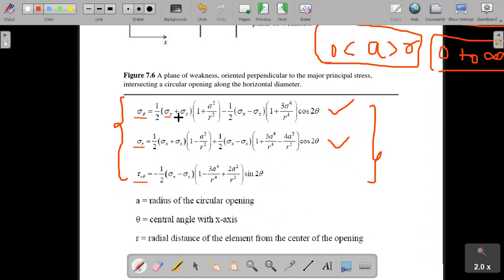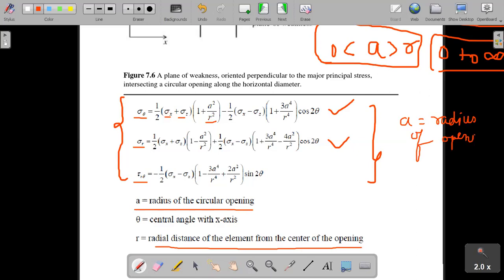And sigma x, sigma y, you know what is r? R is the radial distance of the element from the center of the opening. A is the radius of the circular opening. So यहाँ पर, in this formula A is taken as radius. A is radius of opening in this formula. So you can remember according to that.